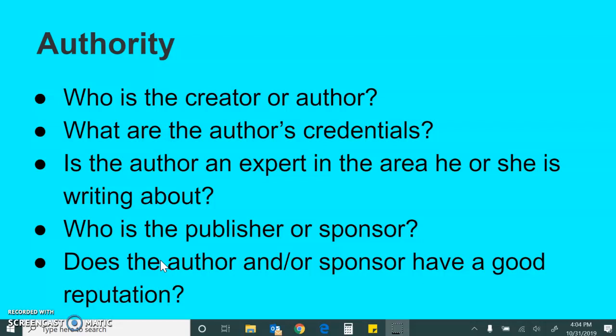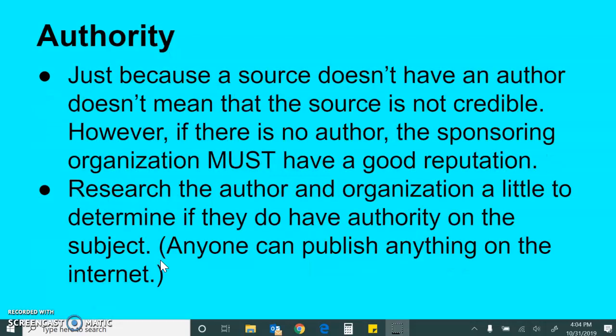You can also look at who the publisher or sponsor is. So in other words, the organization that is publishing the information. And does the author and or sponsor have a good reputation? And sometimes we have to do a little digging to find that out. We do need to keep in mind that just because a source doesn't have an author, that doesn't mean that the source is not credible.